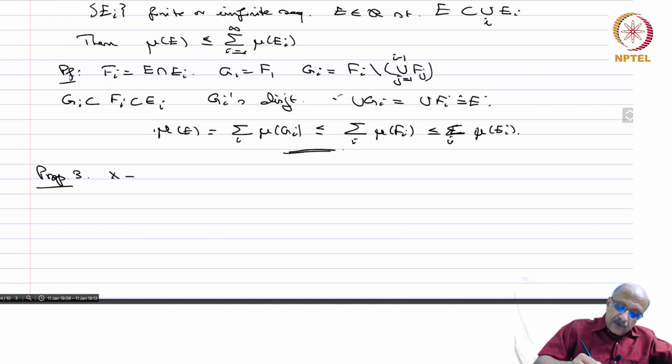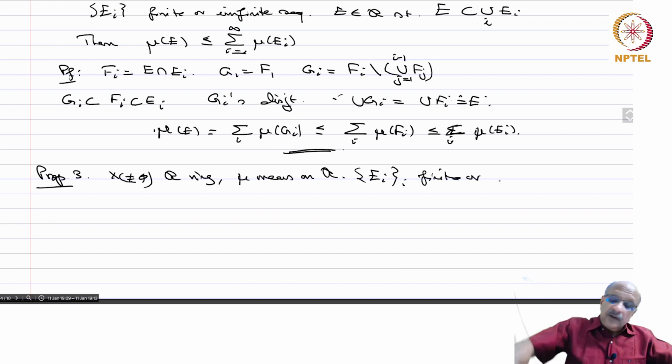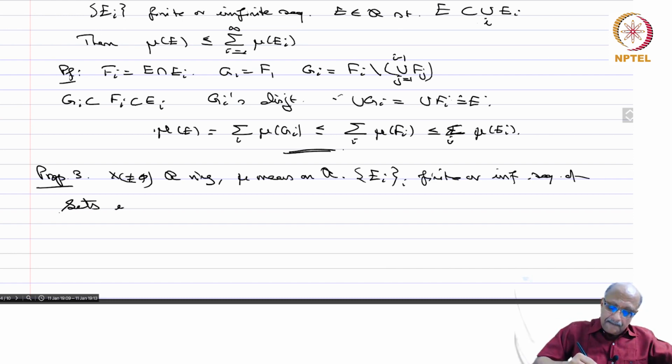So X non-empty, R a ring, mu a measure on R, E_i a finite or infinite sequence of sets in R, mutually disjoint.